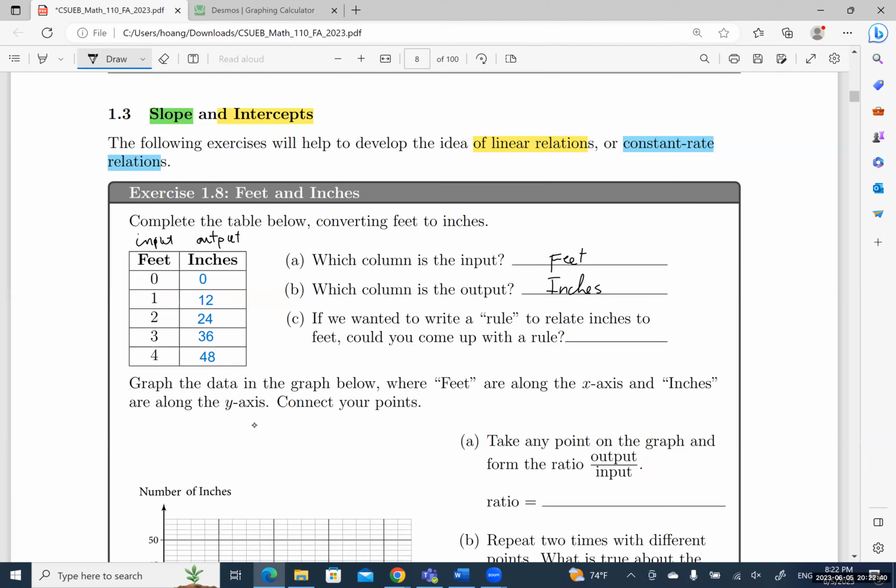So if I say here is the x, then this one is going to be y equal to 12x. So the rule will be, using function notation, f of x equals y equals 12x. All right.